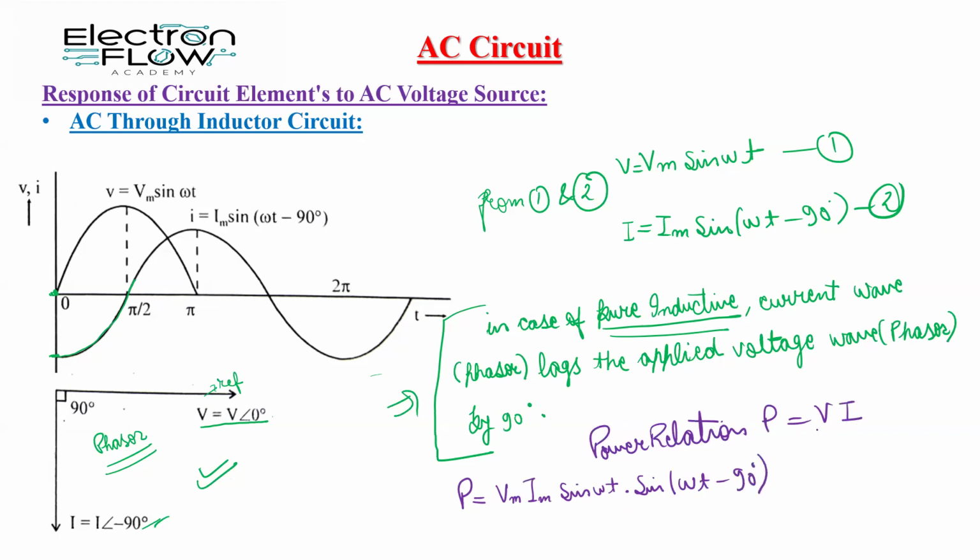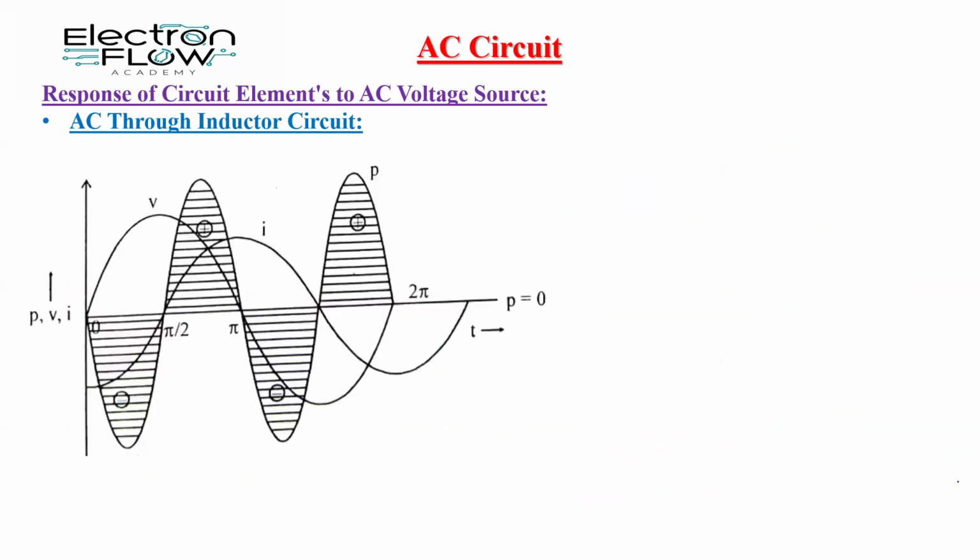Here I am putting the values of voltage and current into the equation and multiplying both. Its value is equal to negative of Vm Im divided by 2 sin 2 omega t. So what will be the average power in that case?